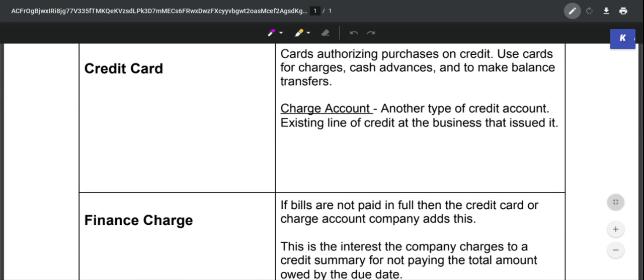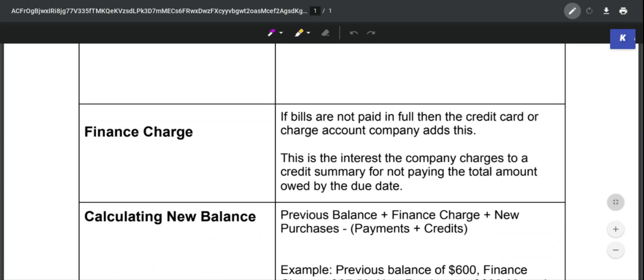A charge account is like an existing credit at a business. So maybe you're going to a business and buying clothes or something like that, and they allow you to charge credit, and you're not paying it off. But here's the kicker with both of those. There's something called a finance charge.